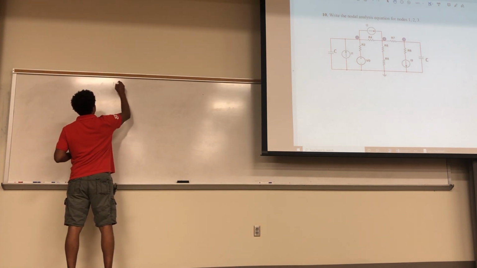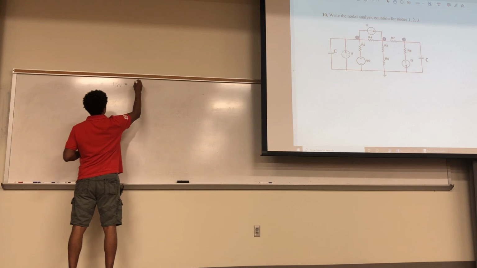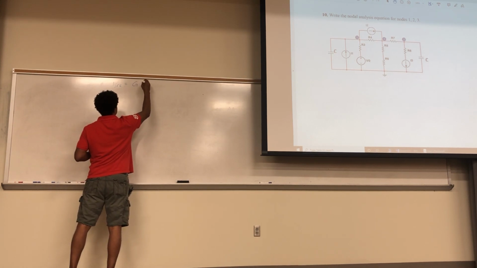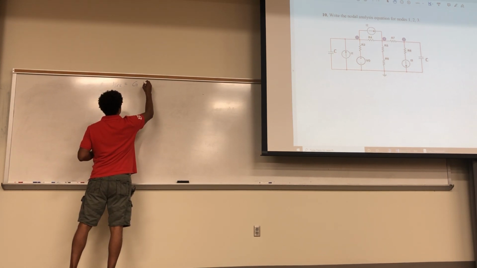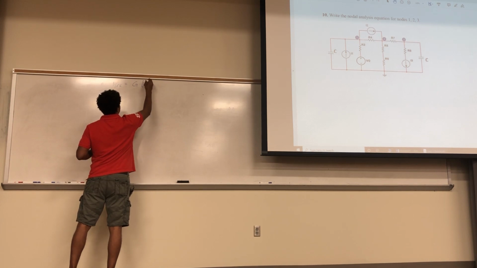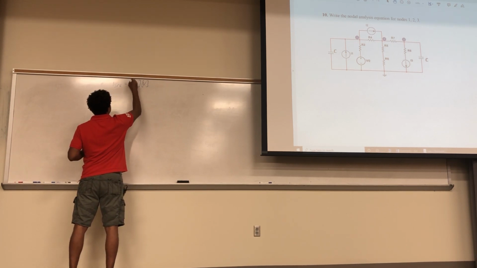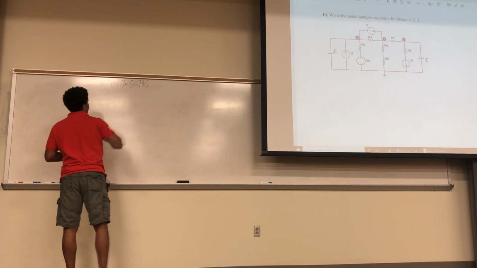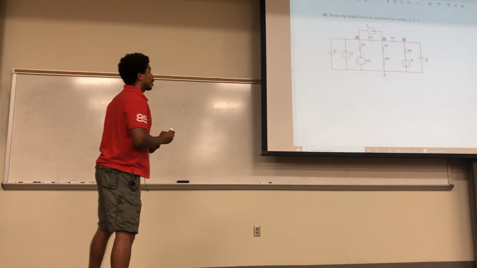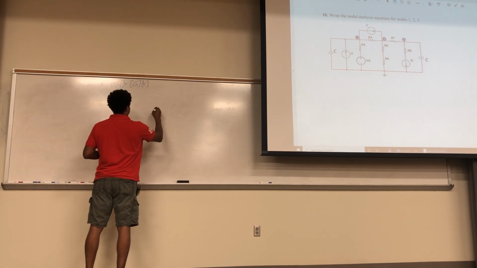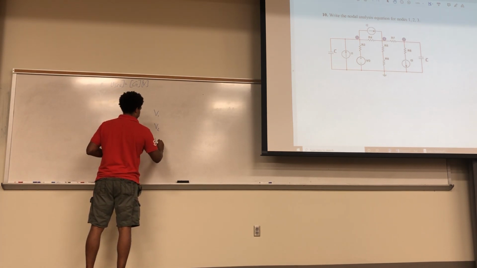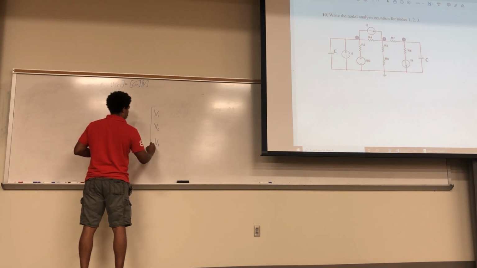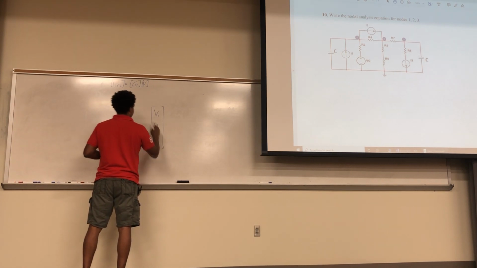So you have your current sources, you have your conductivity matrix, and then you have your voltages. So these are vectors, and that's the matrix. In our case, we'd have V1, V2, V3 for our voltage matrix.